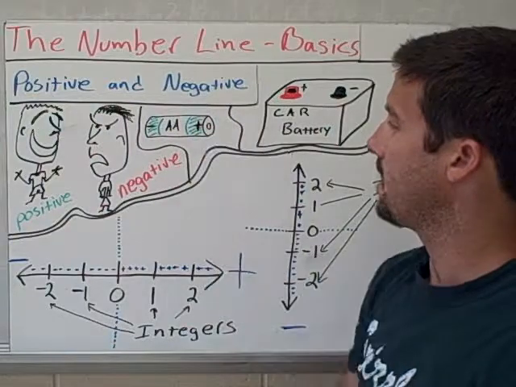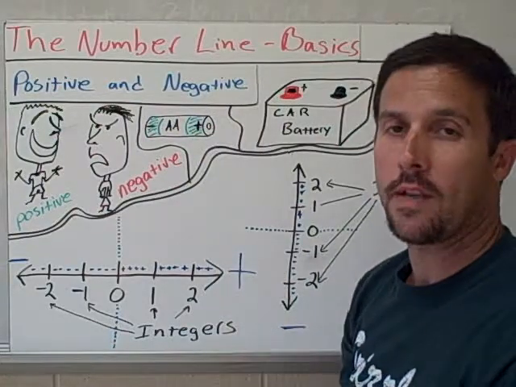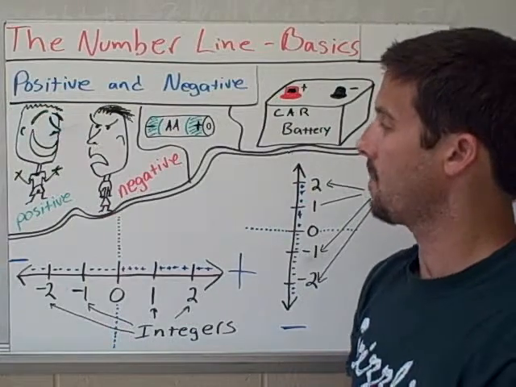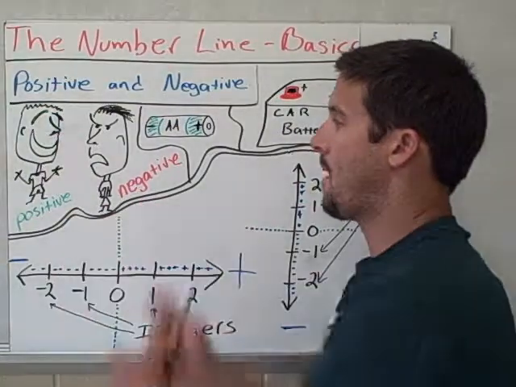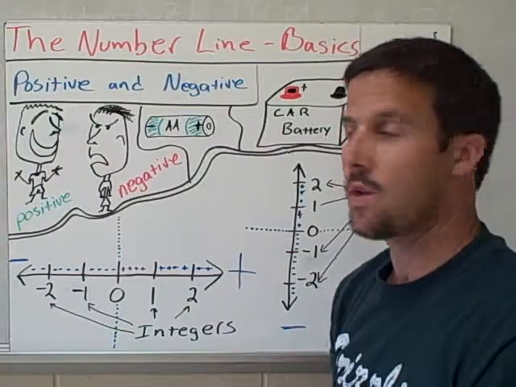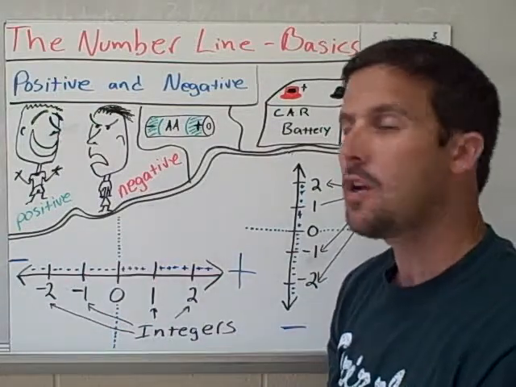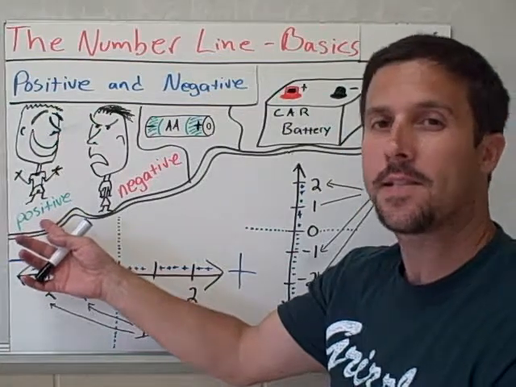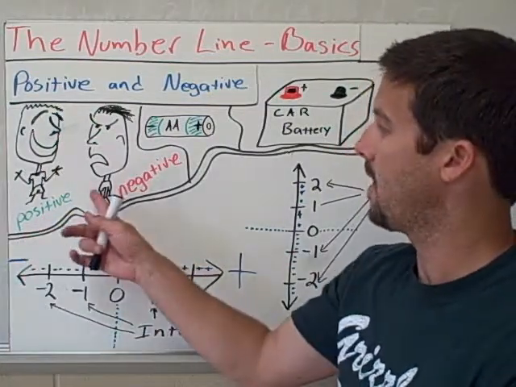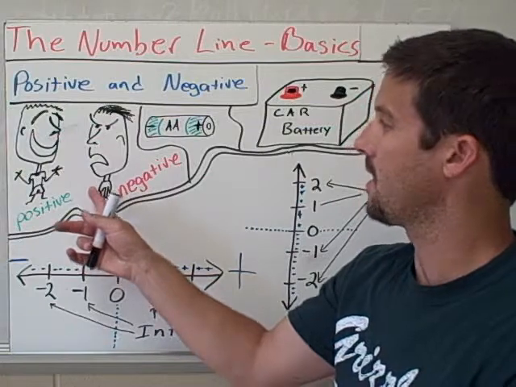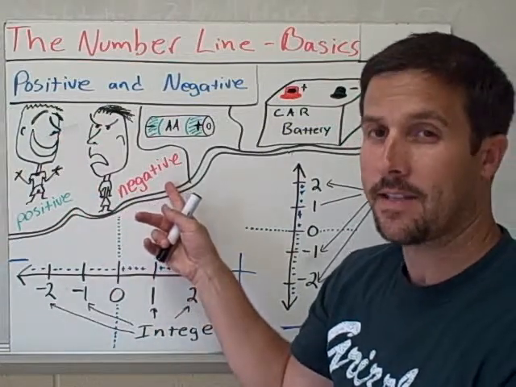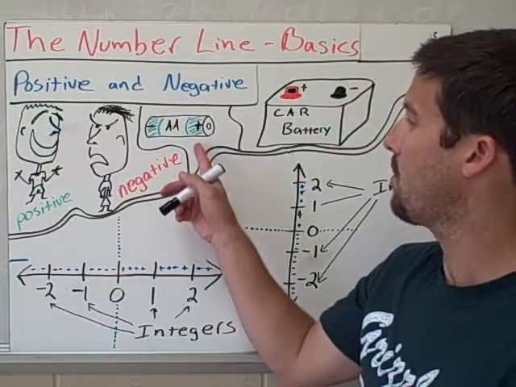Positive and negative. Two important details of the number line, or characteristics on the number line that I'm going to talk about. You can maybe understand positive and negative by when you describe people. You could say, man, this guy, he's always laughing and smiling. He's very positive. And this man, he always looks kind of mad, or he doesn't like other people that are positive. So we would call him negative. You've also seen it on a battery.